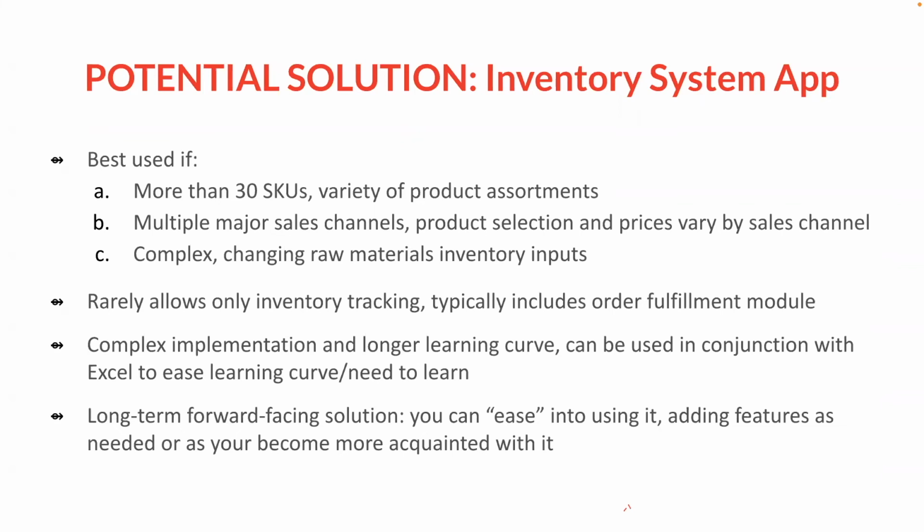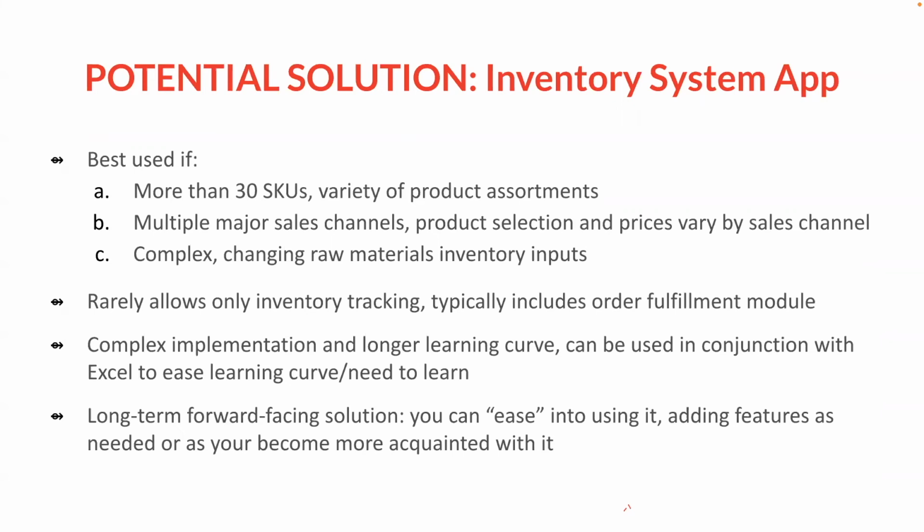Inventory system apps are great when you have more than 30 SKUs, when you have major sales channels, many major sales channels. So you have a fully fledged e-com business and a fully fledged wholesale business, and you're also running a very good farmers market stand, or even several. So this is basically anywhere from a really big e-com to a number of things.